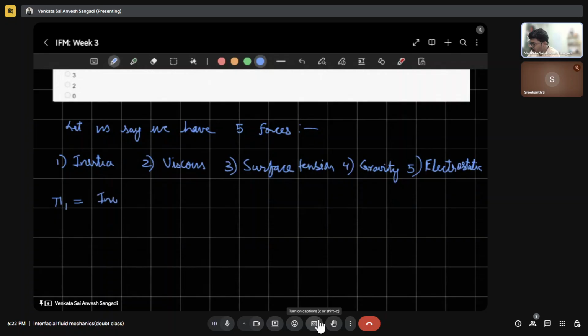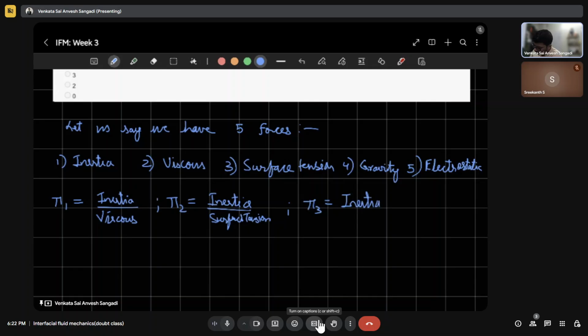So let's say we have inertia and viscous; then we have pi 2 as inertia and surface tension, pi 3 as inertia and gravity, and pi 4 as inertia by electrostatic.